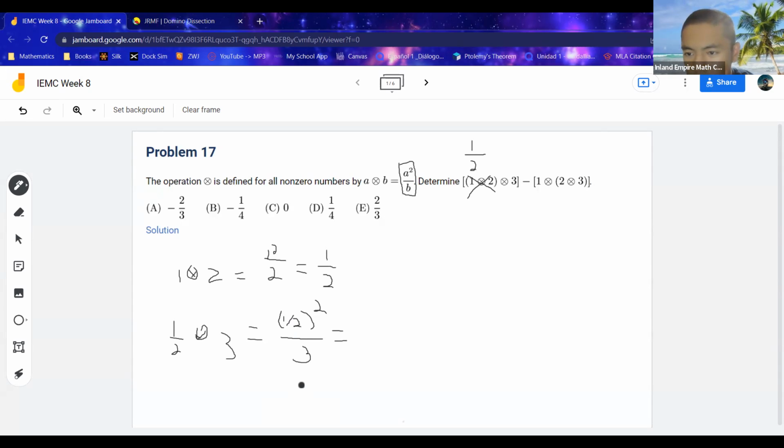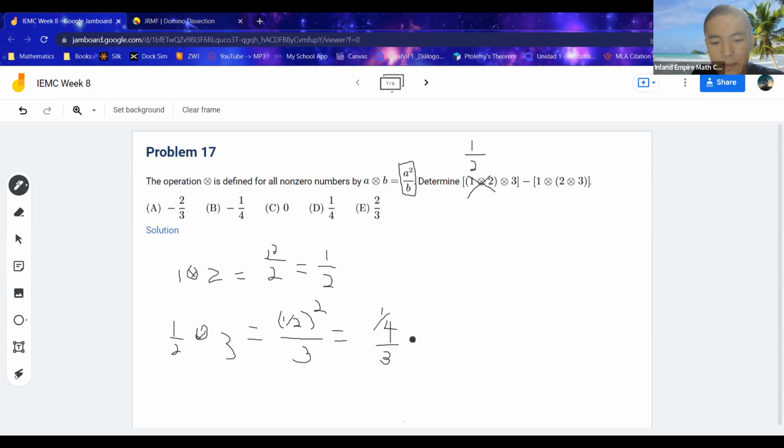I don't know how to simplify fractions of fractions. Oh, okay. Well, here's a quick crash course. So basically, up here, it's 1/4, right? Because 1/2 squared is 1/4. And on the bottom, it's 3.